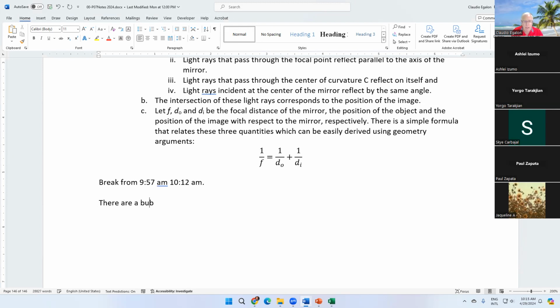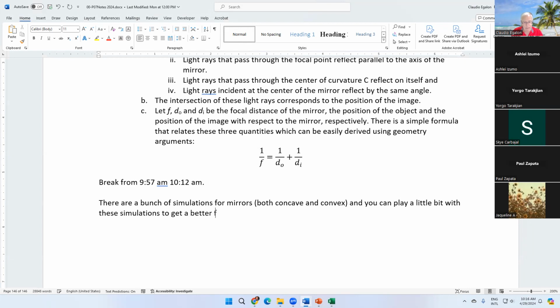There are a bunch of simulations for mirrors, both concave and convex, and you can play a little bit with these simulations to get a better feeling of how the above equation behaves, okay?